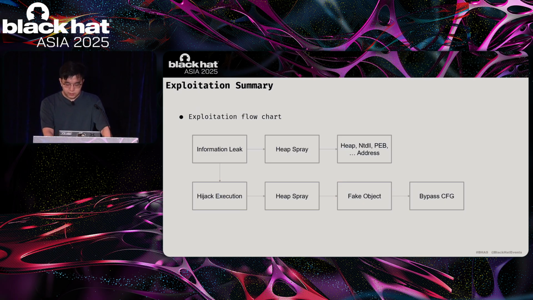Finally, we invoke a method on this fake object. Because the table points to our chosen target in RPCRT4.DLL, calling the method effectively transfers control of the execution flow to our own code. In other words, this chain of actions, from leaking addresses to crafting a fake object and then calling its method, allows us to redirect program execution to our advantage.